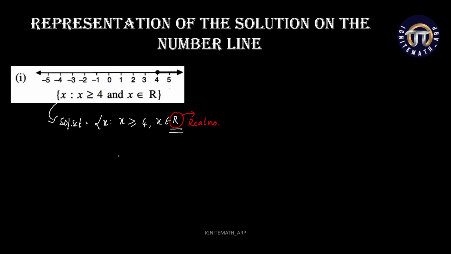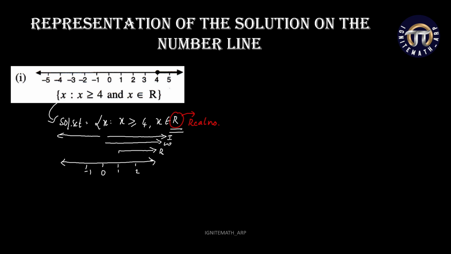Clear children? Whenever I'm talking about a number line, here is the number line: 0, 1, 2 and -1 over here. All these numbers are natural numbers if I'm talking from 1 onwards, whole numbers if I'm talking from 0 onwards, and if I'm talking about the right side of 0 and left side of 0 including 0, then it becomes the set of integers.